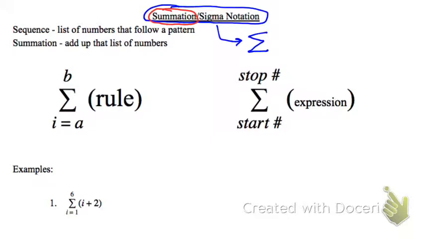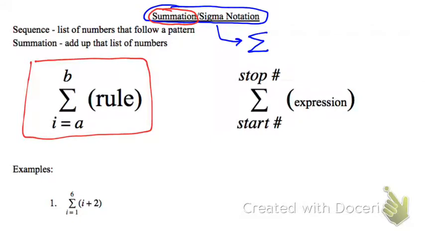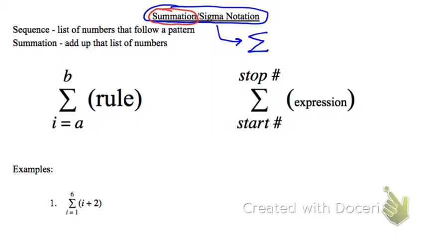But here's what it looks like. This is what summation or sigma notation looks like. You've got that capital E, you're going to have some kind of a number here on the bottom, some kind of a number here on the top, and then you're going to have a rule. This A down here is actually called a lower bound. If you looked it up in a textbook, they would say lower bound.